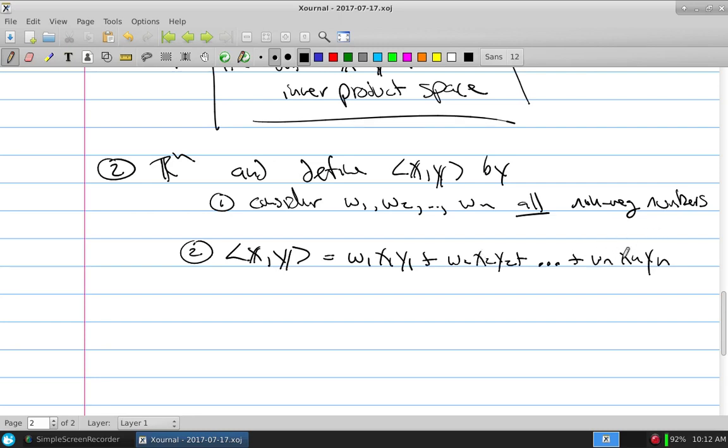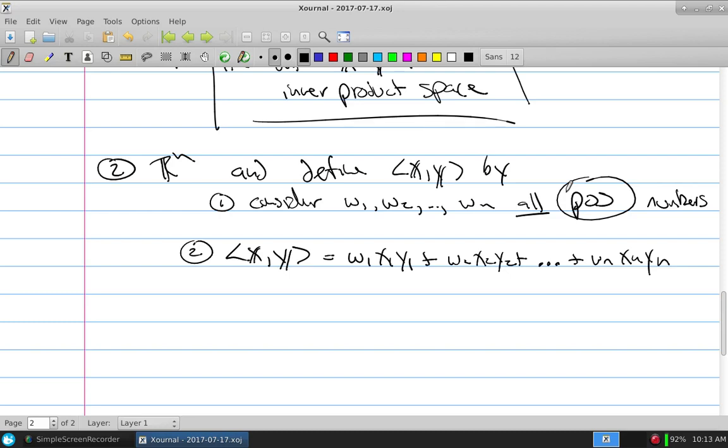Sorry, I was thinking only positive, not non-negative. Positive weights. These are all greater than 0. So you just tell me how much x1 y1 is worth, and then how much x2 y2 is worth, and then just weight all of these accordingly, and that forms another inner product.